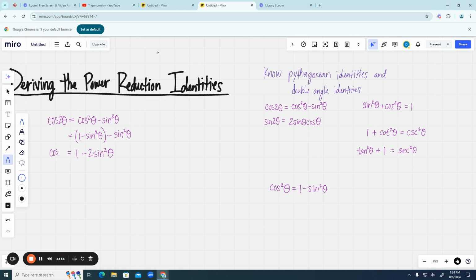I'll bring this down here. Then I need to isolate the sine squared theta, so I can divide everything by 2 to get that 2 off of there. Then I would be left with this.